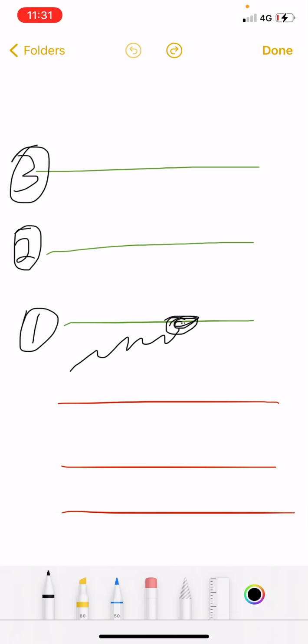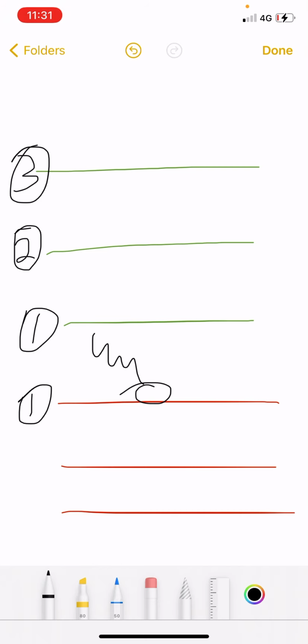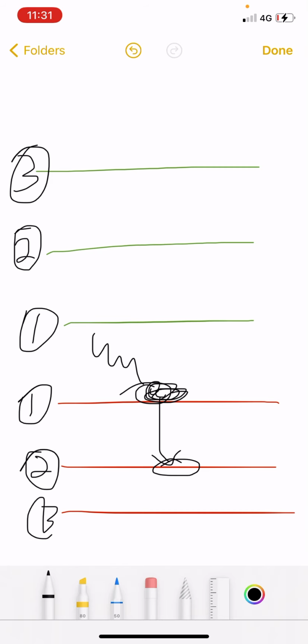And the same thing applies on the support side. If the market falls, it will touch my first support line and face some problems around this area. If it breaks the first support line, then it will touch the second support, and if it breaks the second support, then it will go down to the third support line.